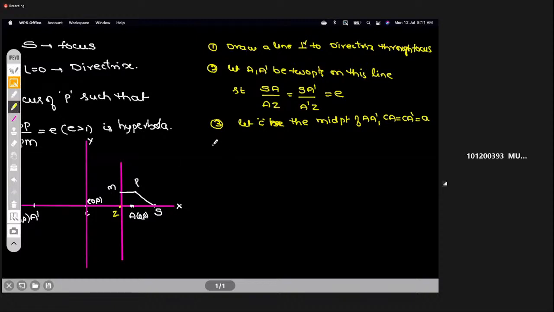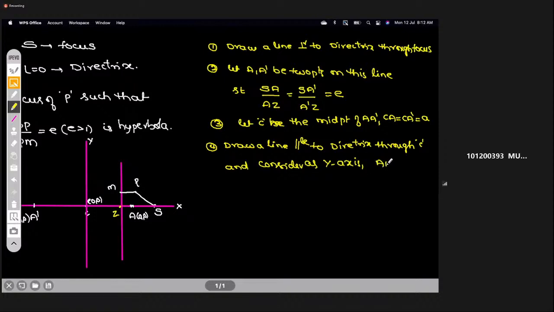So you write: draw a line parallel to the directrix through C and consider it as y-axis and AA dash as x-axis.